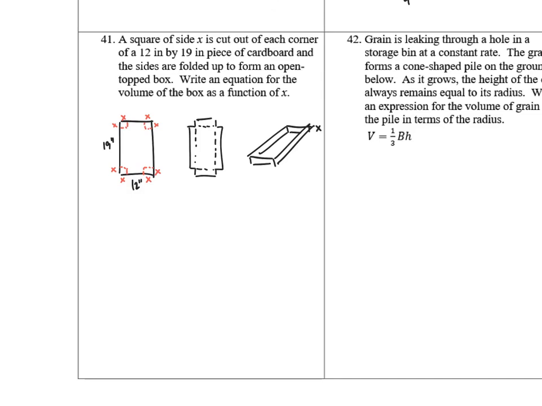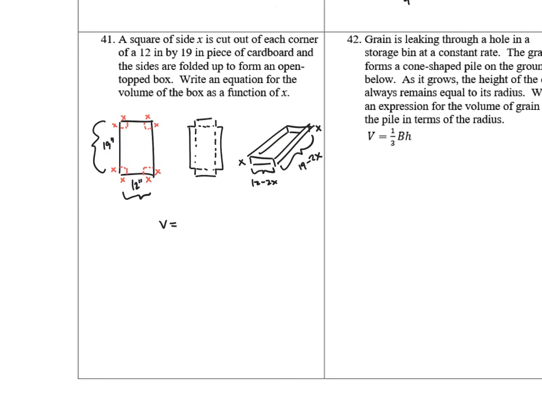Where this height is x. Now this length was 12, but I took away 2 x's, so that'll be 12 minus 2x. And this length was 19, but then I took away 2 x's, so 19 minus 2x.